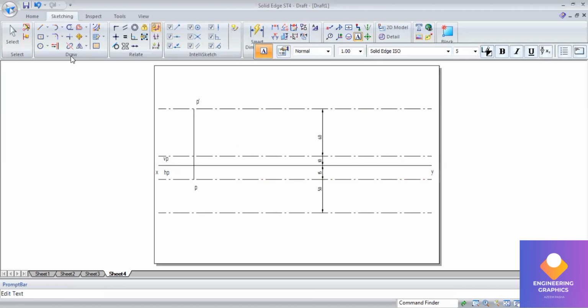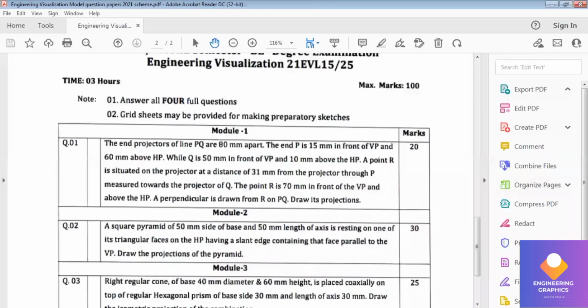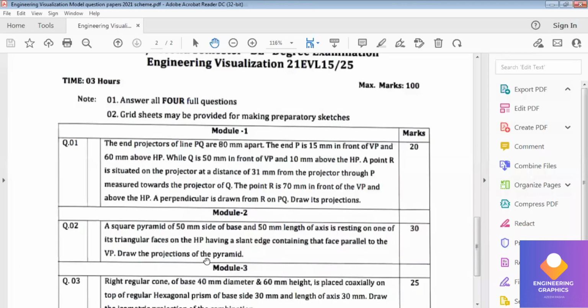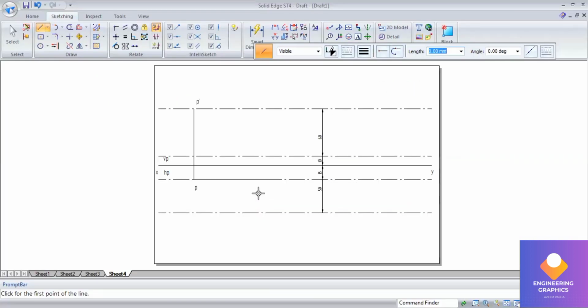So now horizontally we have to consider a distance of 80 mm from this end point. Enter 80. I'm selecting the end point.